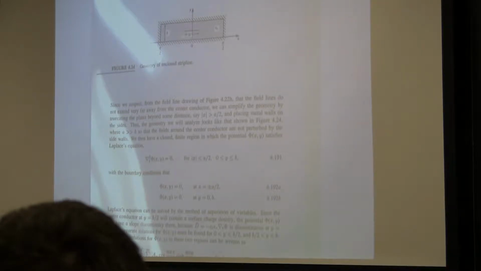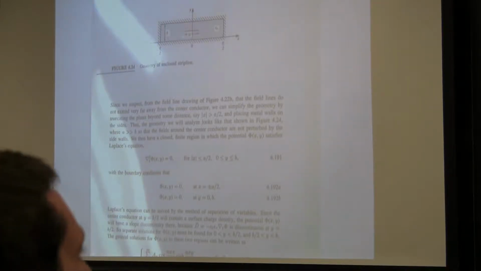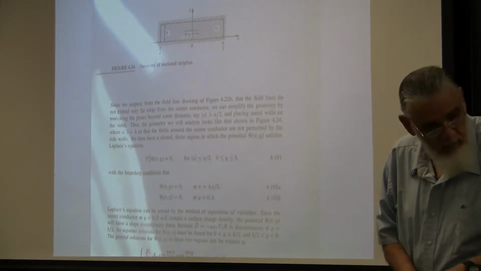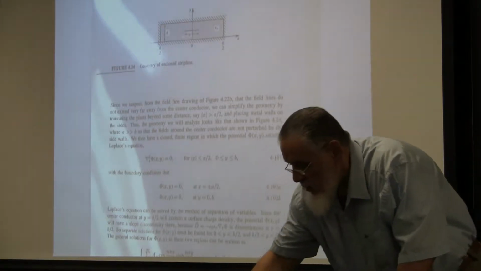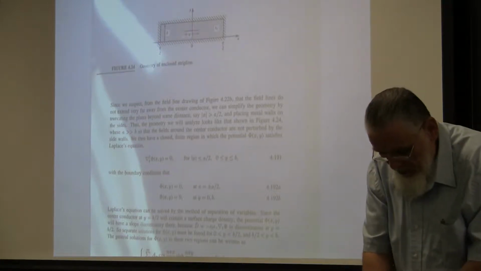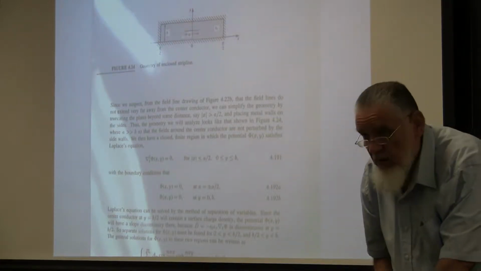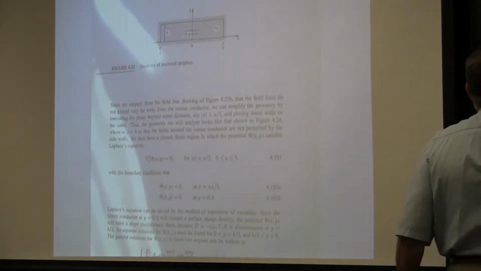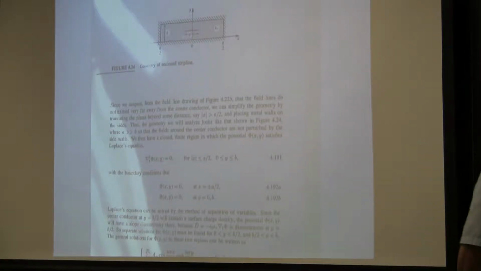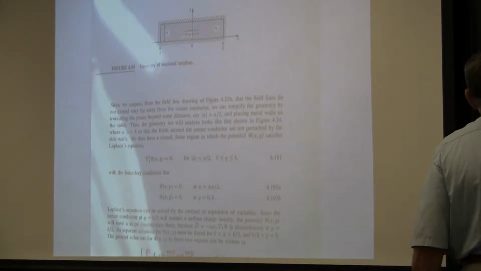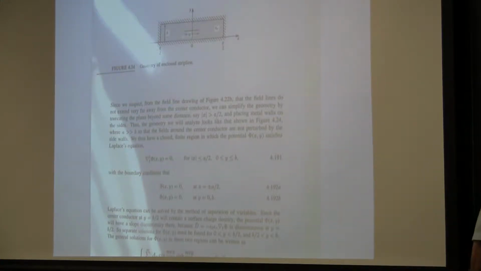All right. About the project. Let's talk about the project a little bit first. In the project, we're talking about designing a lambda by 4 waveguide section that matches two other lines, right? So we have a waveguide section, let's call it A, another waveguide section, call it B, and this one here is air filled, and this one here is dielectric filled.